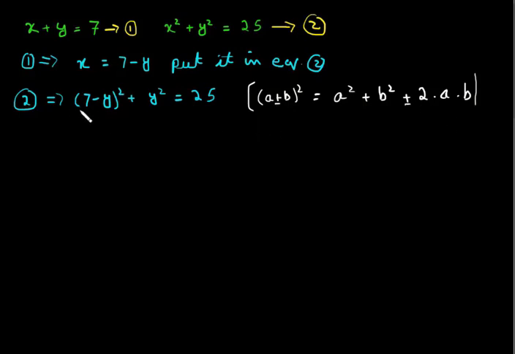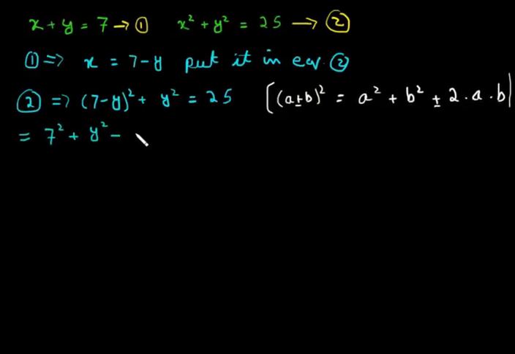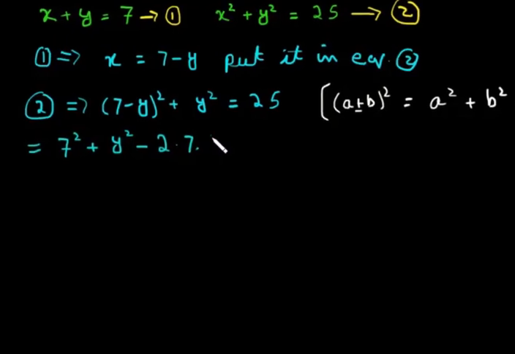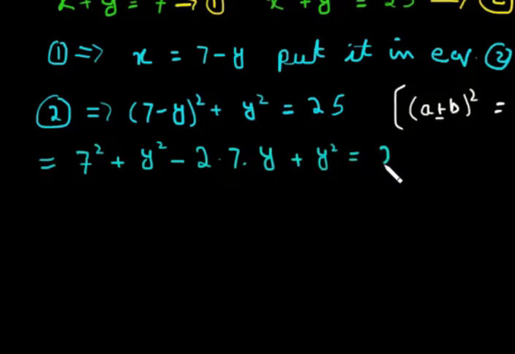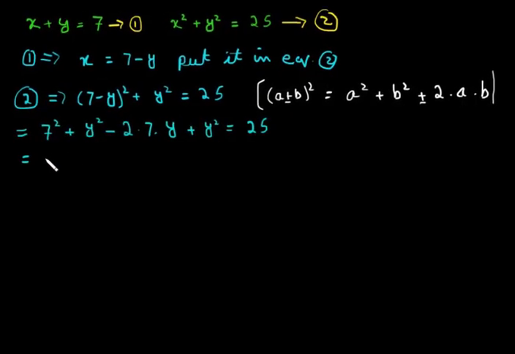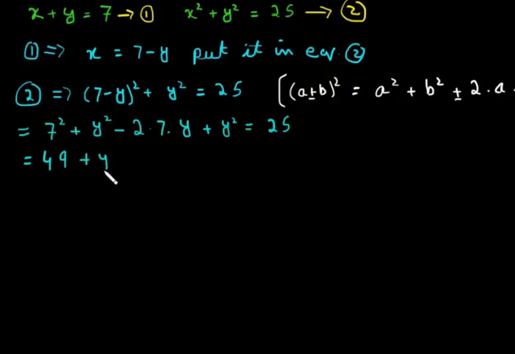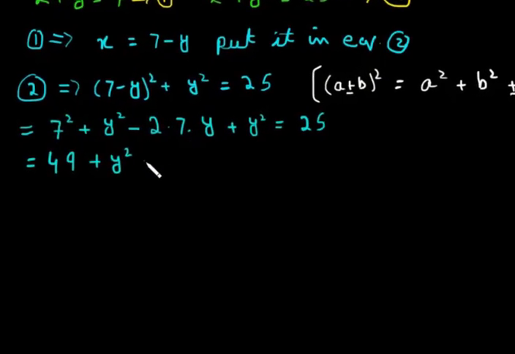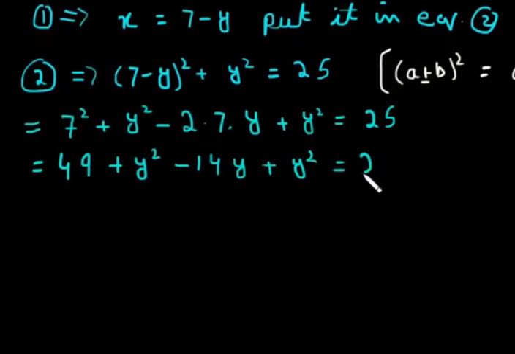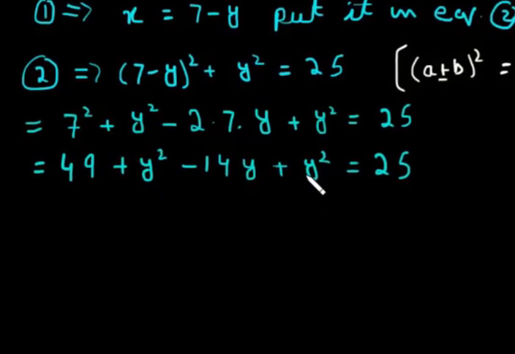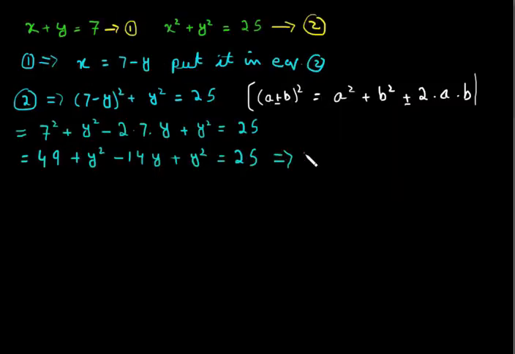Okay, so let me expand this one. This will give me 7 squared plus y squared minus 2 times 7 times y, and then plus y squared is equal to 25. Making some calculation, 7 squared is 49 plus y squared, and 2 times 7 will give me minus 14y, plus y squared is equal to 25. Now adding these two y squared terms gives 2y squared minus 14y plus 49.